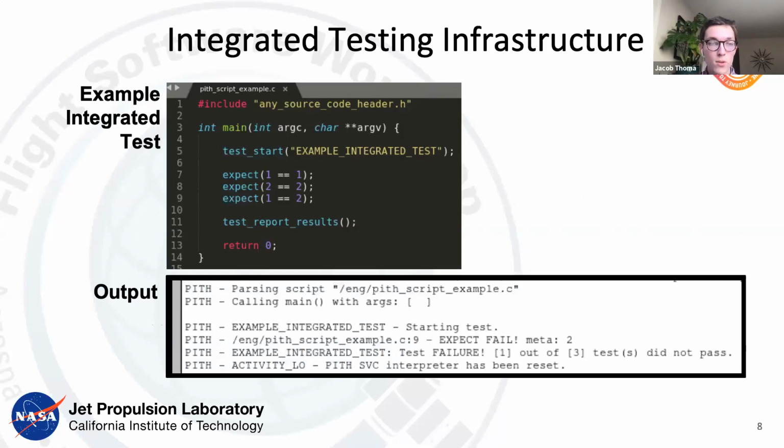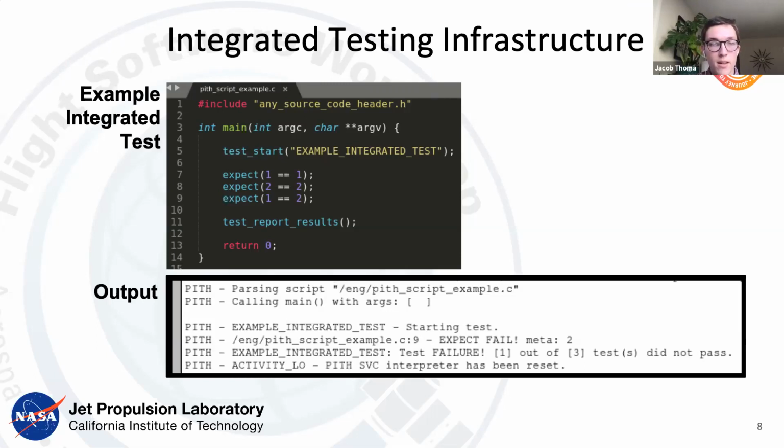So to give you a simplified, generalized idea of what a PITH script looks like, it basically looks like any C file, and you can #include a source code header at the top, and then there's a main function with argc and argv like you're used to, and you can actually pass in the ground command arguments to argc and argv like you would at the command line.